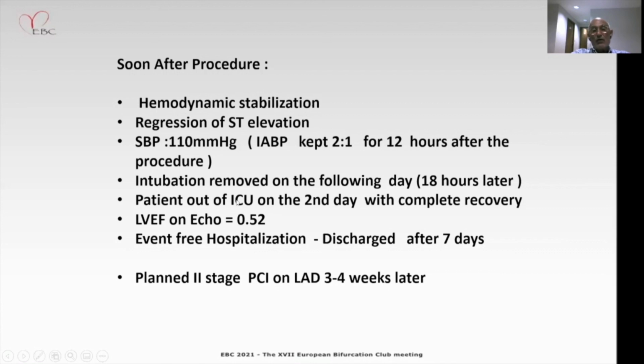The patient was out of intensive care unit on the second day with complete recovery and a nearly normal ejection fraction on echo, that was 0.52. Hospitalization was uneventful, and the patient was discharged after 7 days with a planned second stage procedure for LAD and right coronary artery 3 to 4 weeks later.